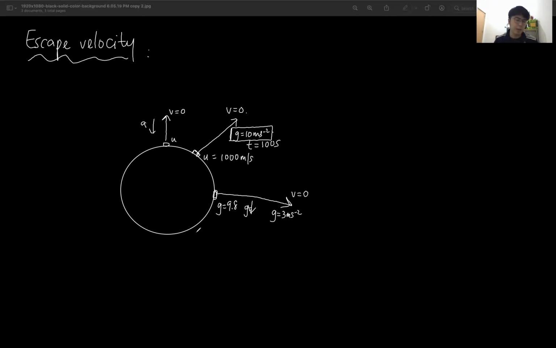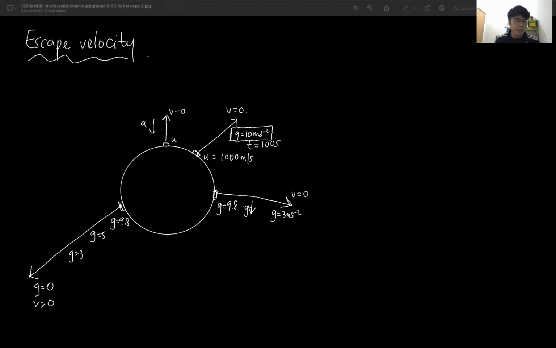Now, 1, 2, 3. I launch it the fourth time. This time, I give it a very large u until the g becomes 0. g equals 9.8, g equals 5, g equals 3, and up here, at this exact point, the g hits 0. And when the g hits 0, the velocity also hits 0.